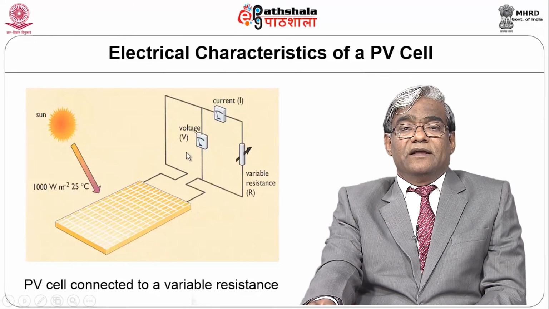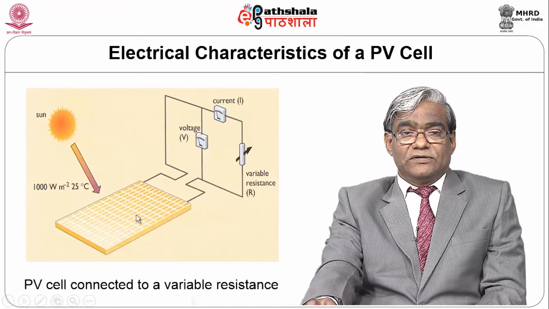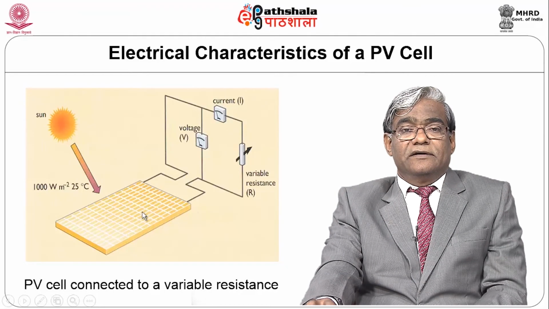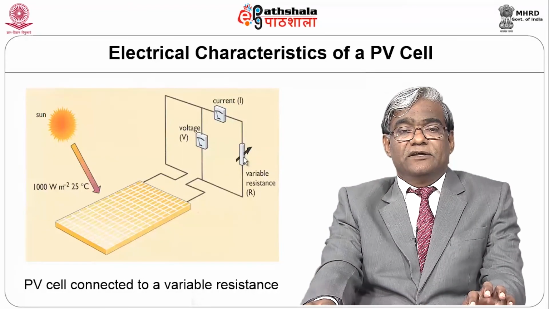When the photons are striking the solar cell, there we have an N type and P type junction. When the loads are connected here, you find the voltage and current, and this is the variable resistance, and the electricity is generated through the PV cell.